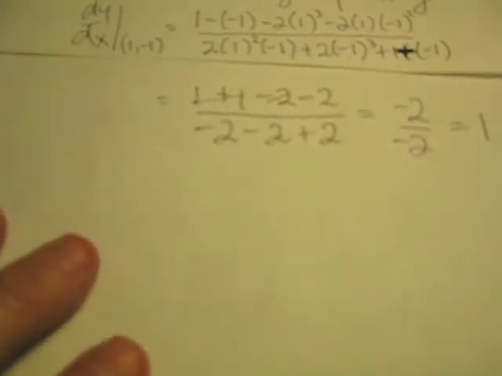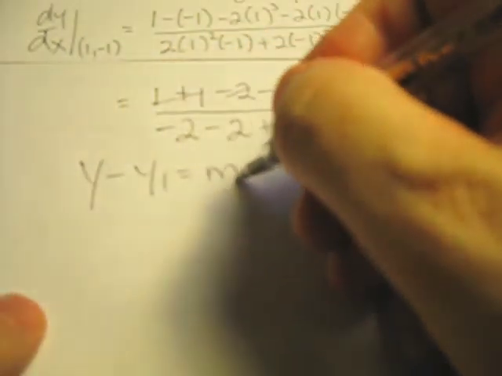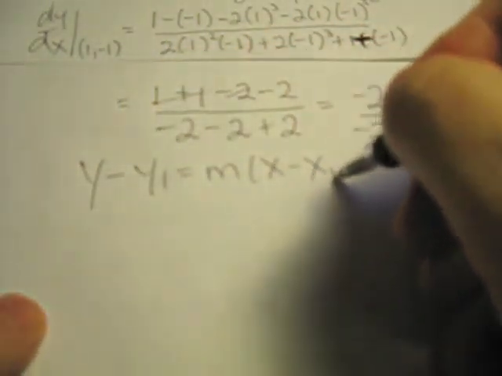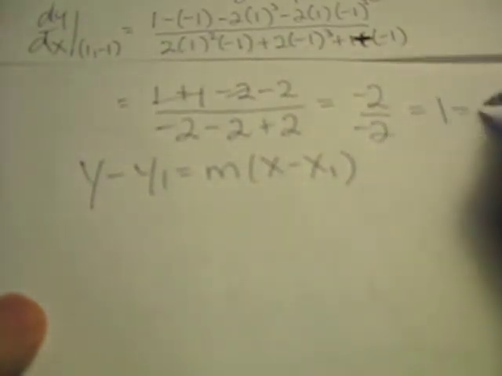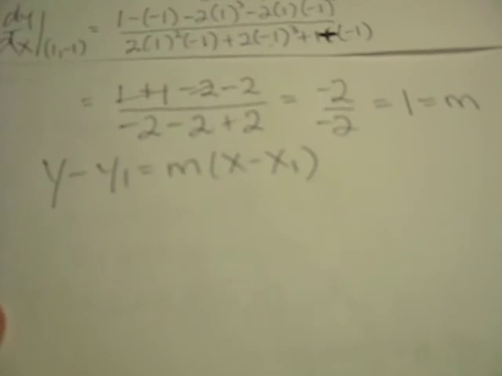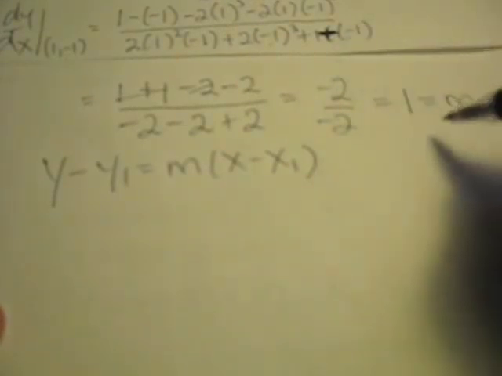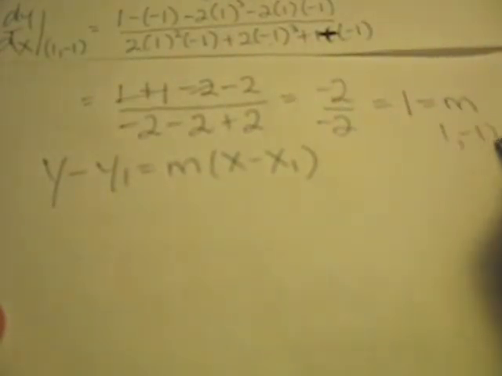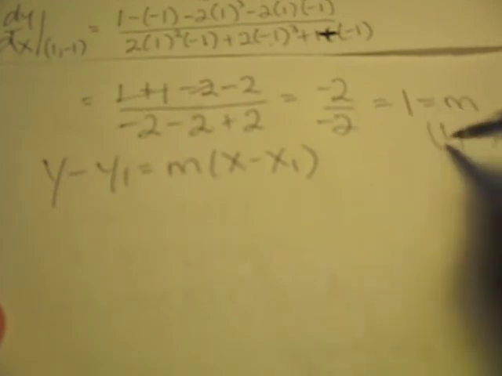Now to work out the equation of the tangent, we use the point-slope form. So this is our m, and our x1 and y1, of course, is (1, negative 1).